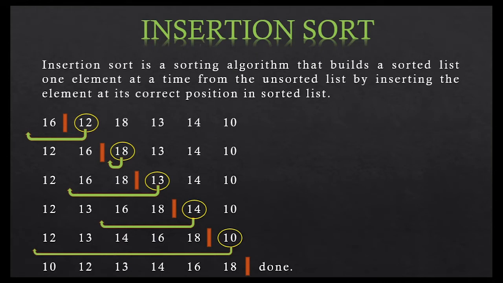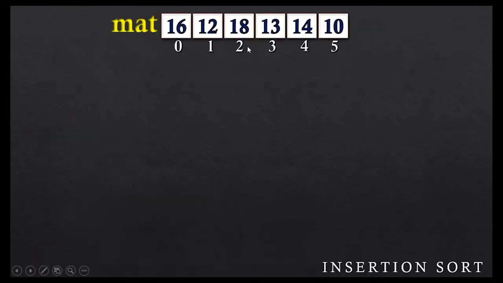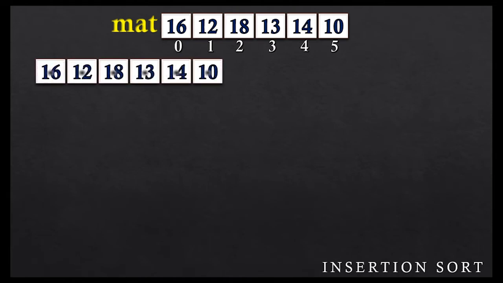To understand it better, I give you a demonstration. Here you can see my list of items consisting of 6 elements. So the size of my list is 6, and as we know the indexes start from 0 to size minus 1. Now we are supposed to sort them in ascending order. For that, here you can see the marker.